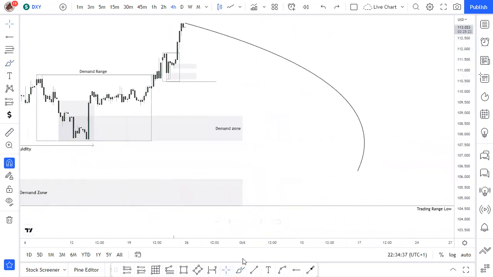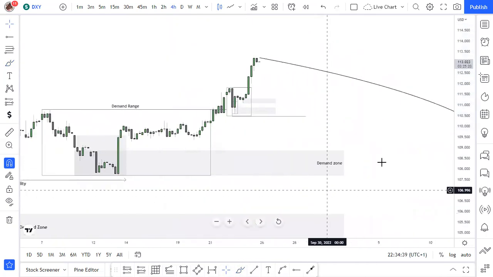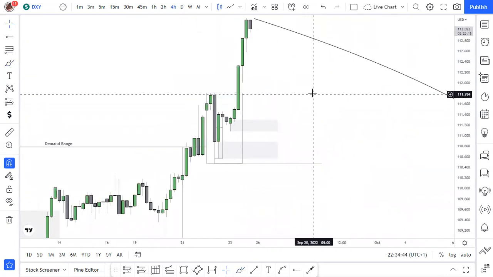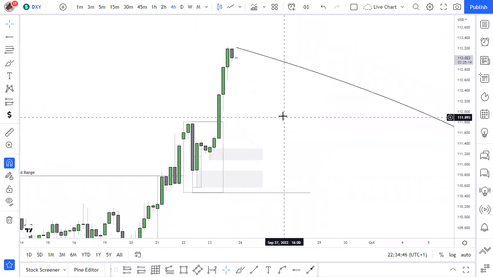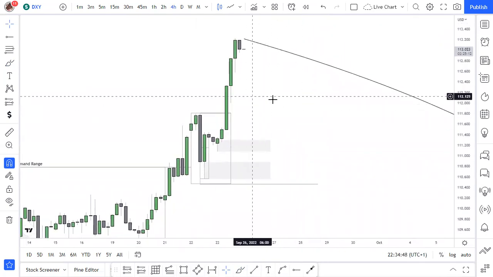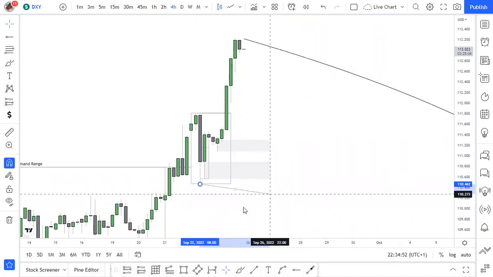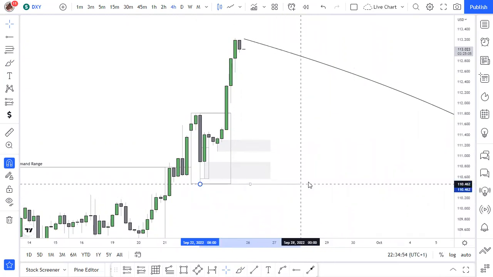So here we can say that this is our last higher low, because we know that we are bullish and price will make higher highs and higher lows. So this is our last higher low on the 4 hour time frame.